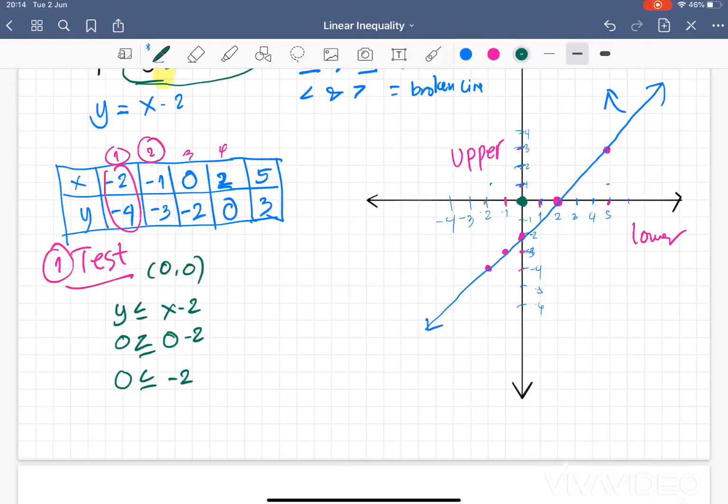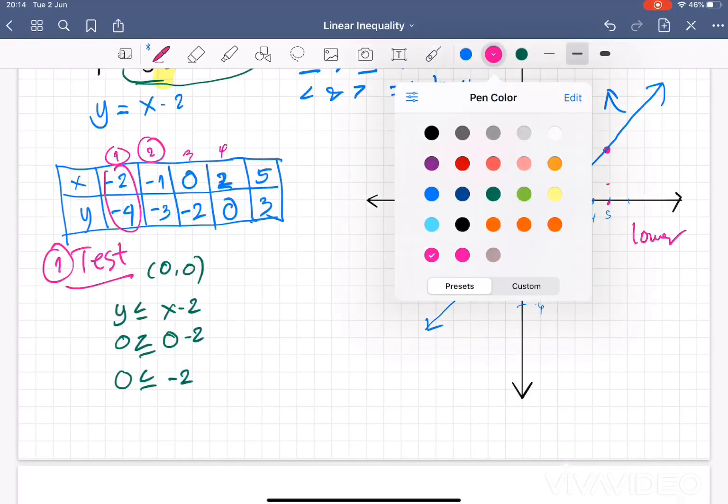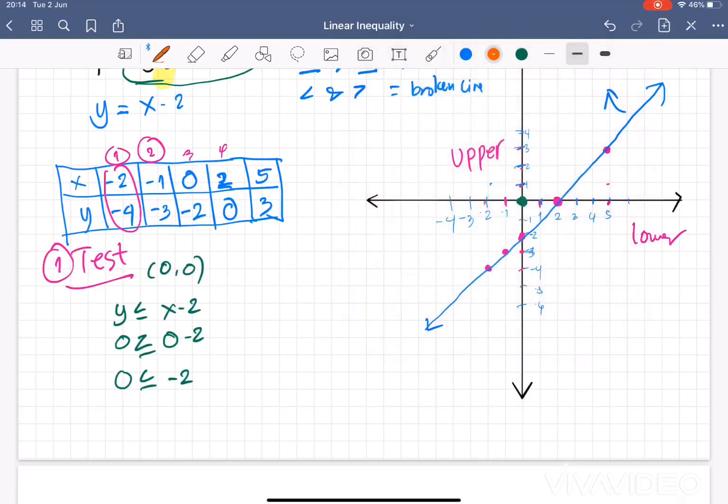Is it true that 0 is less than or equal to negative 2? That is actually false. So that means the ordered pair in the upper region will not satisfy the given inequality. But before we conclude that it's in the lower region, let's make another test.